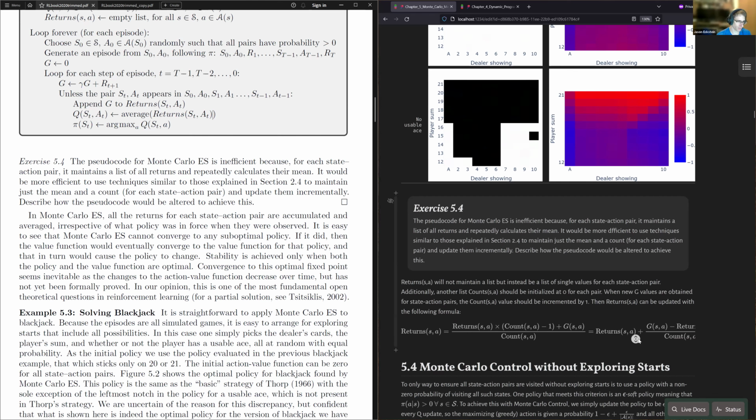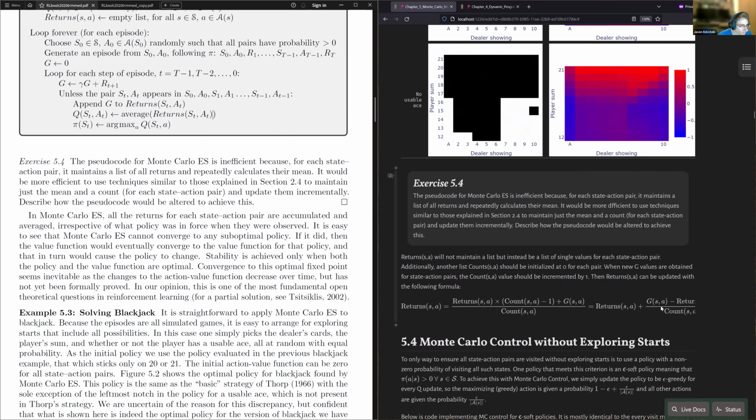The formula is a little cut off, but it's the same thing I have in the code: you use the old return value and the counts, and if you iterate this every time you have a new G, it ends up calculating the average.